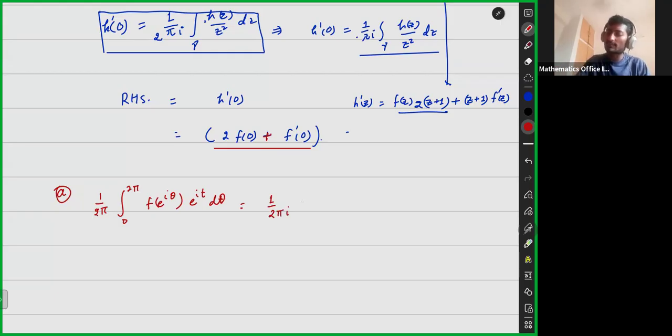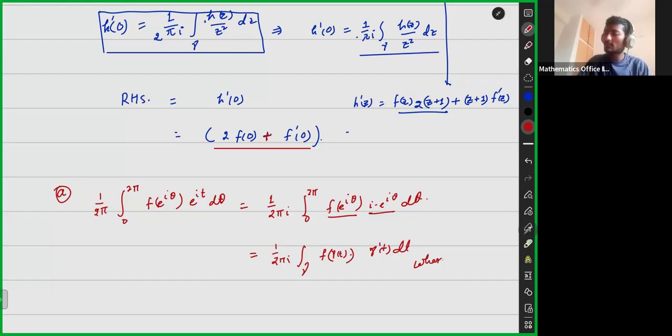What happens? 0 to 2 pi, f(e^{i theta}) times i e^{i theta} d theta. So this is gamma prime t and this is f of gamma t. So this can be replaced by 1 upon 2 pi i integral over gamma of f(gamma t) into gamma prime t dt, where gamma is the unit circle e^{i t}, t running from 0 to 2 pi.